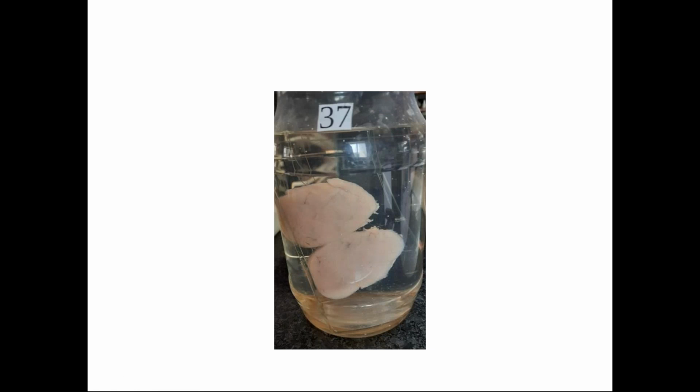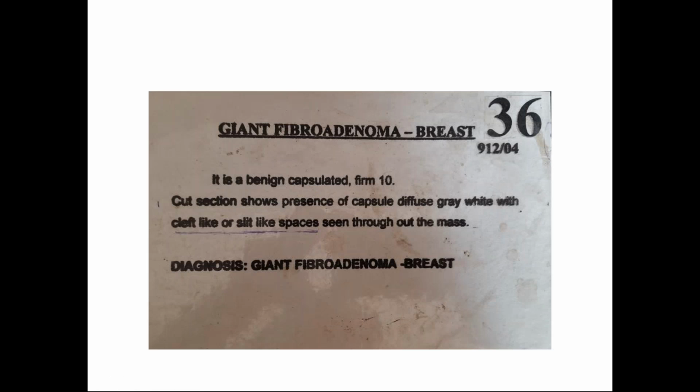And this is the other lesion, with the same slit-like spaces and the predominant stromal proliferation of the lesion. So it is a benign encapsulated lesion, and the cut surface shows predominantly a grayish white mass with slit-like spaces.